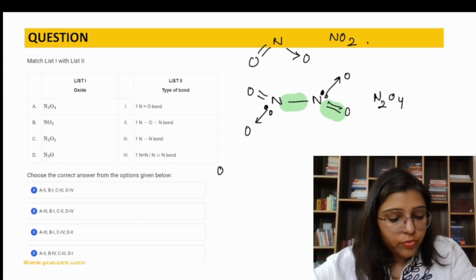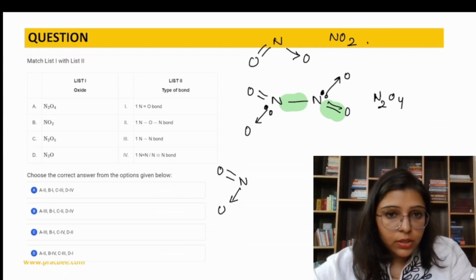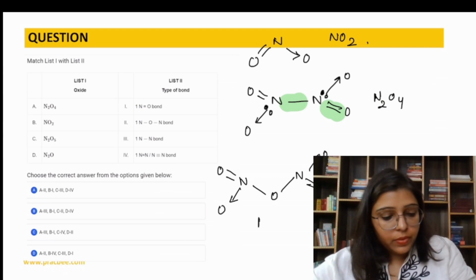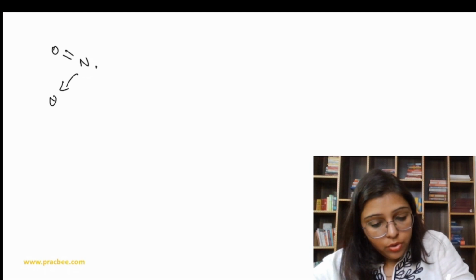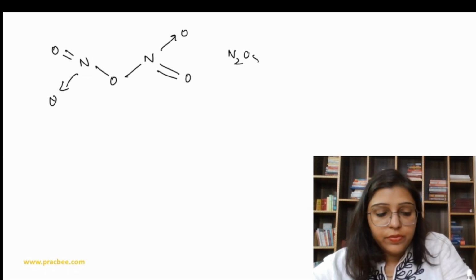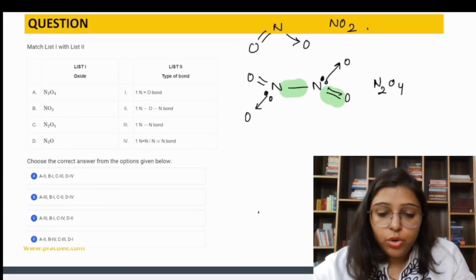Now if we have N2O5, how to write? Just put one oxygen in between two nitrogen, right? In that way we can form the N2O5 structure: N double bond O, N coordinate bond and then double bond O. So that is the N2O5 structure. Then we have the N2O structure.